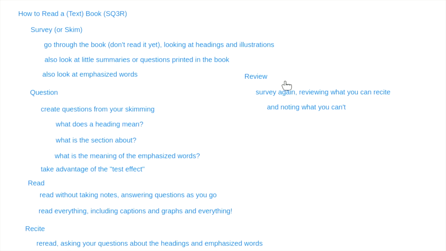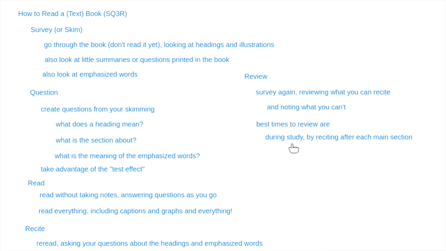Where were we? Survey again, reviewing what you can recite and noting what you can't. And I mentioned reviews and when you should do them, so let's talk about when those times should be. The best times to review are, and we'll give you a couple, while you're studying. So what is this? You're using this SQ3R method. You do the survey, you do the question, you do the read during study. So this is while you're reading it the first time.